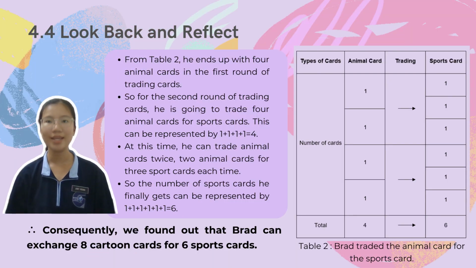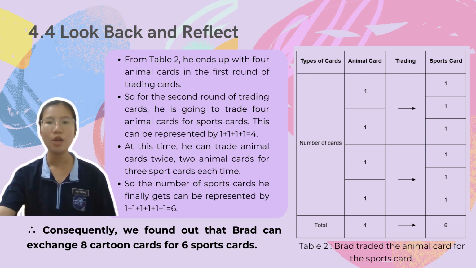From Table 2, he ends up with 4 animal cards in the first round of trading. So for the second round of trading, he is going to trade 4 animal cards for sport cards. This can be represented by 1 plus 1 plus 1 plus 1 is equal to 4. At this time, he can trade animal cards twice, 2 animal cards for 3 sport cards each time.